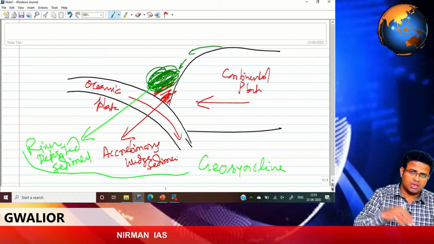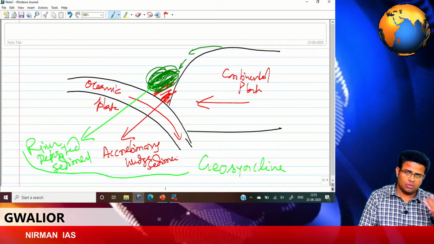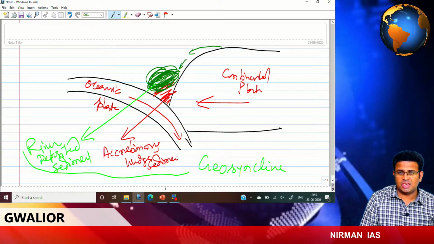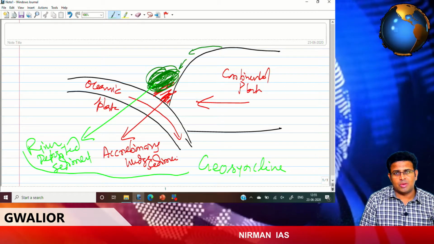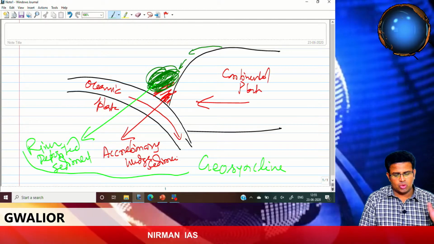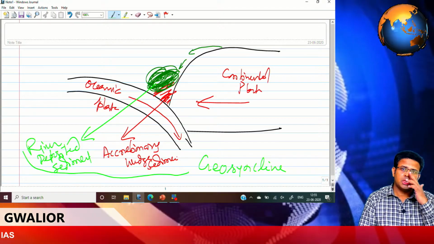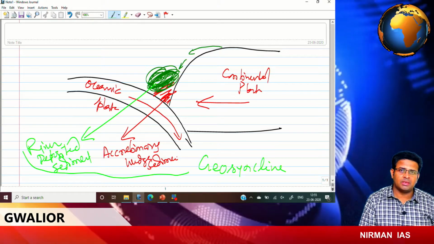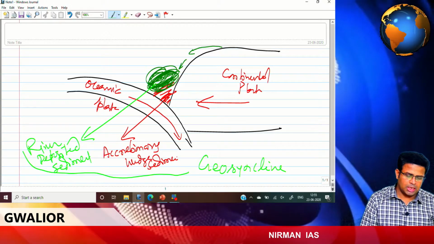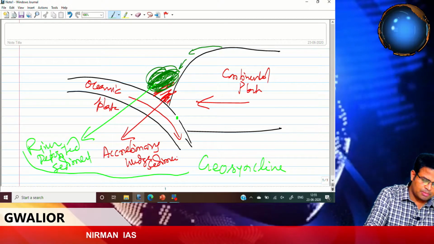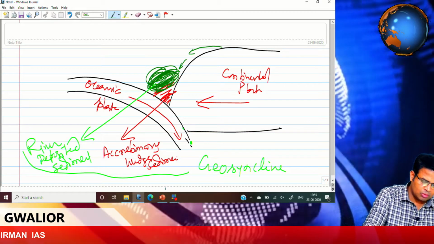From the continental side, the river along the coast keeps on depositing sediment, a very large amount of river deposited sediment. So we have two types of sediment, river deposited sediment and accretionary wedge sediment, and these two together are known as geosyncline.